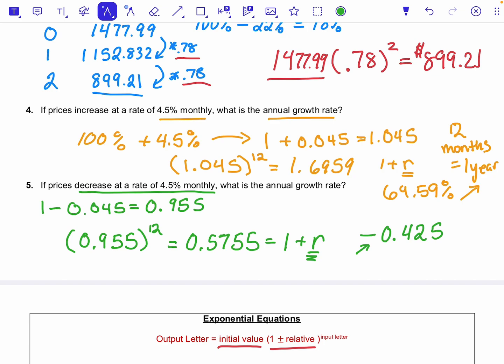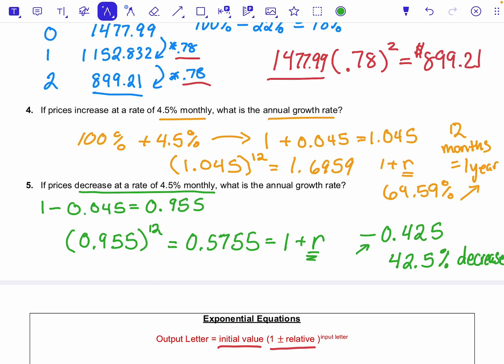Well, it's negative because this is going to be a percent decrease. So this actually would be a 42.5% decrease. And notice they're not the same. And that's okay. They're not necessarily going to be the same when I'm looking at an increase versus a decrease. Decreasing exponential functions will act slightly different than growing ones.